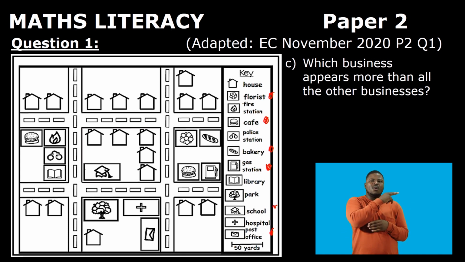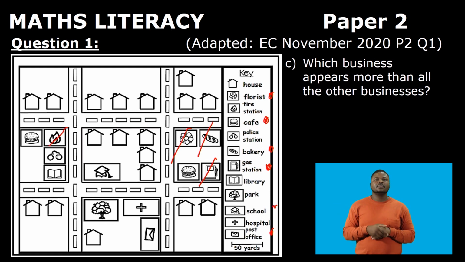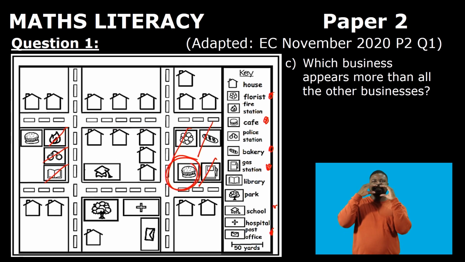So if we look at what is seen, we can see it's one bakery, then there's one florist, one filling station, one fire station, the police office, the library, and then we are left with 2 hamburgers, meaning that is going to be your restaurants.